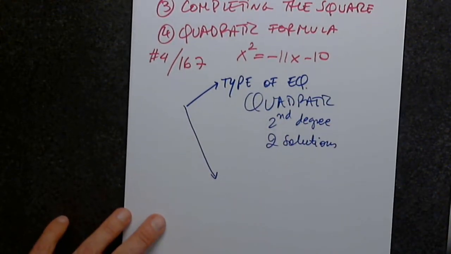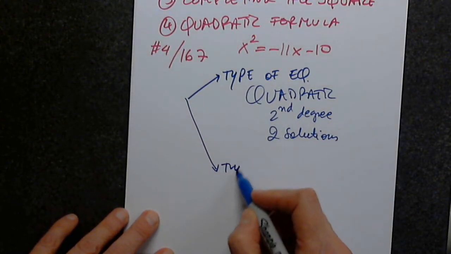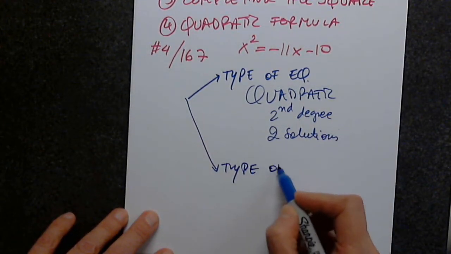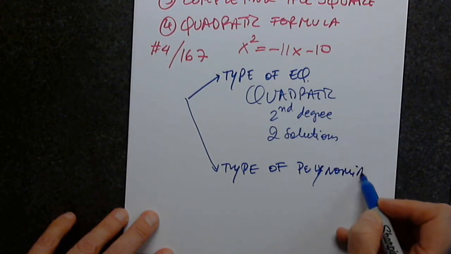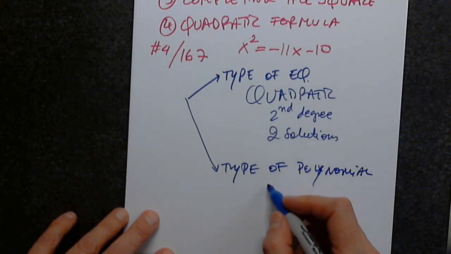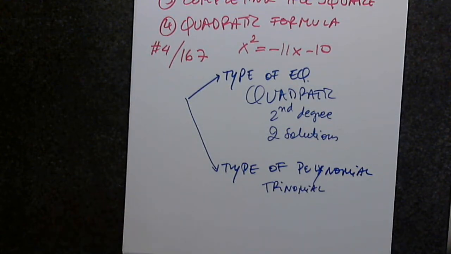Second question that is different than this is the type of polynomial, which is trinomial. It's confusing, so that's why we need to talk about these things.